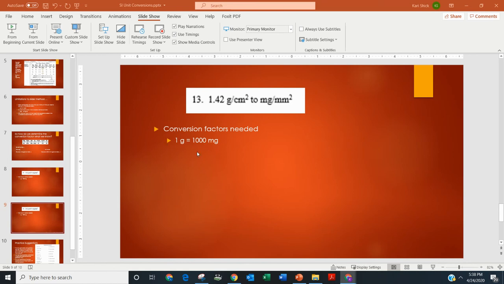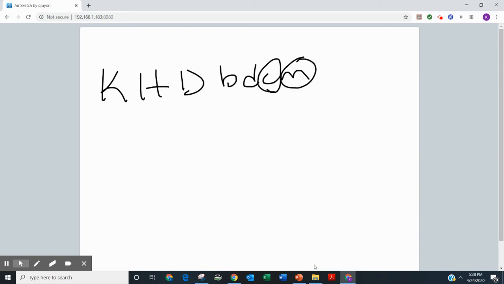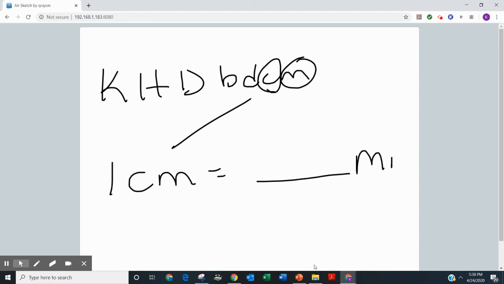So I wrote down the conversion factor here that we just figured out. 1 gram equals 1,000 milligrams. So let's figure out the next one. So we need to go from centimeters to millimeters. So there's 1 centimeter and it equals some number of millimeters.